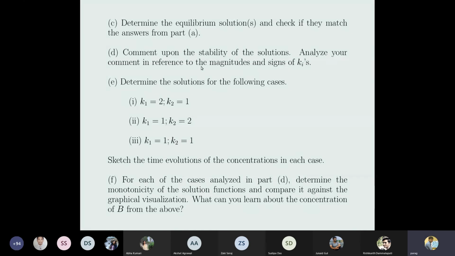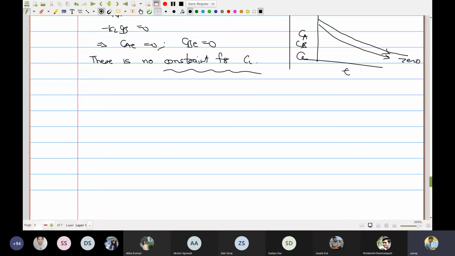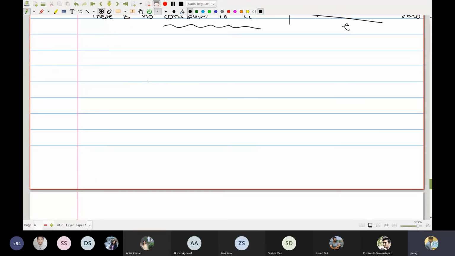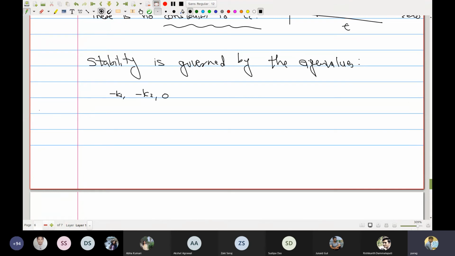Okay, fine. Then comment on the stability of the solutions and analyze the comment in reference to the magnitudes and signs of the k's. So how do you comment upon the stability? Stability is governed by the eigenvalues, which in the current system are -1, -k1, -k2, and 0.